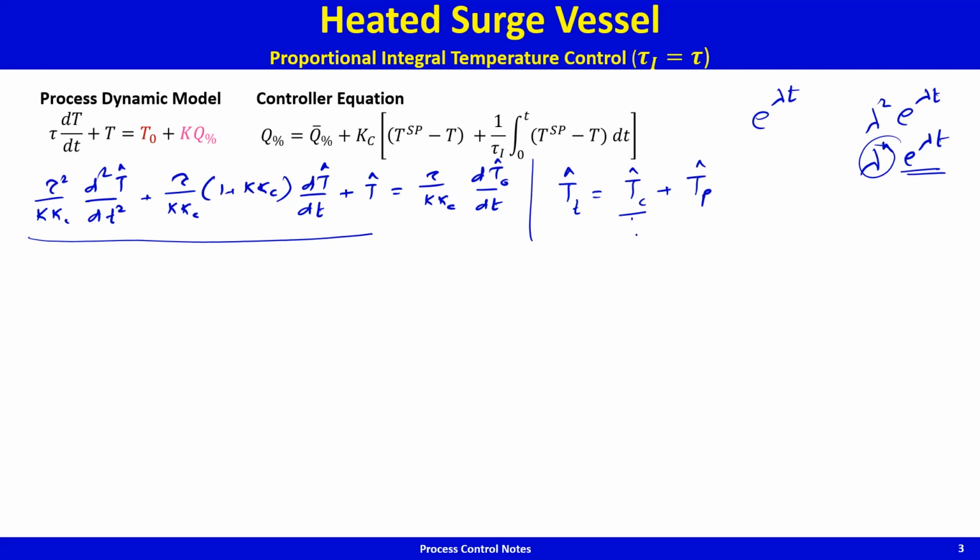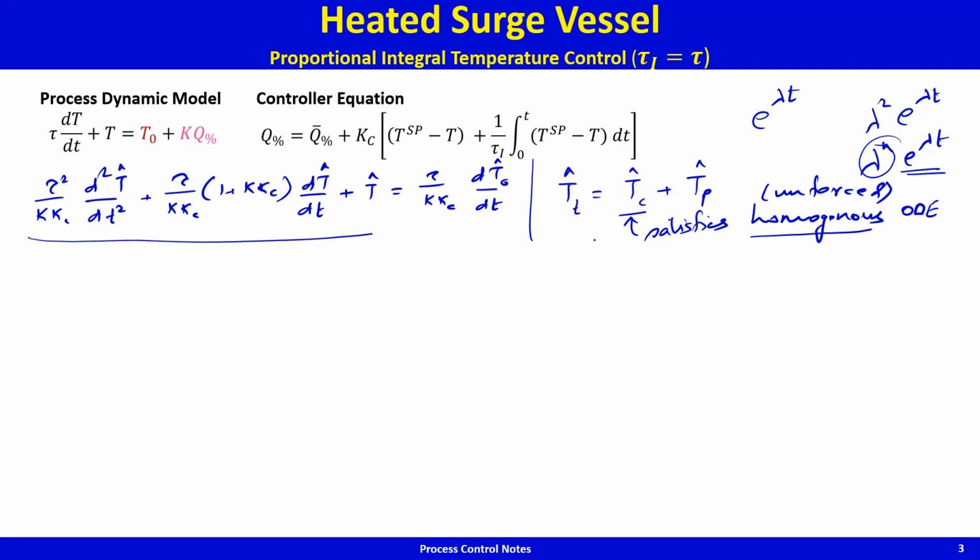T complementary satisfies the homogeneous equation, and homogeneous means unforced. That means the right hand side is 0, no forcing.